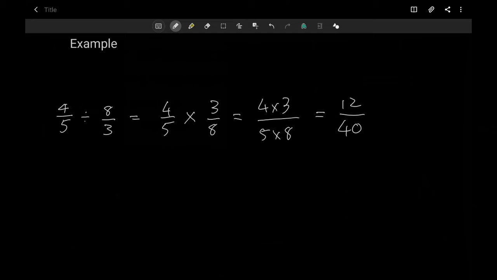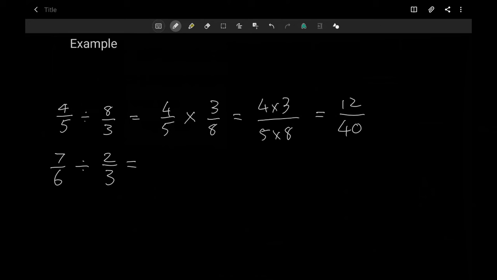So let's see you try one for yourself. 7 over 6 divided by 2 over 3. Pause the video and see how you go. Okay, how did you go? Do you remember the rules?